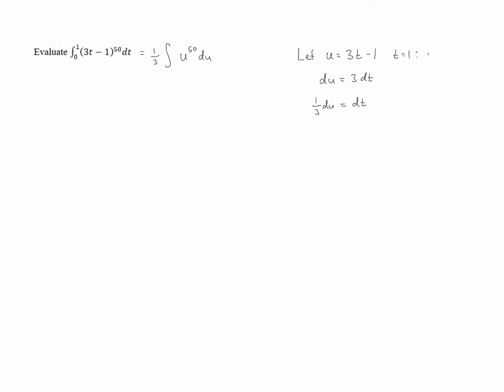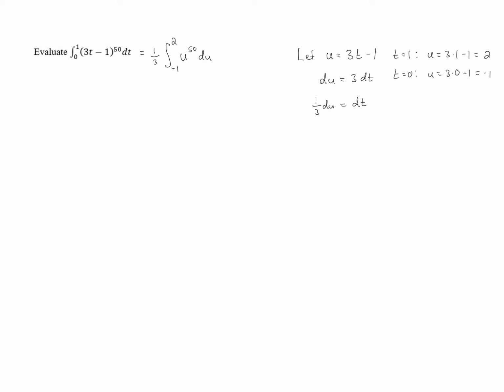When t equals 1, u is going to be 3 times 1 minus 1, which ends up being 2. And for our lower limit, t equals 0, u is going to be 3 times 0 minus 1, which is -1. So our limits become 2 and -1.